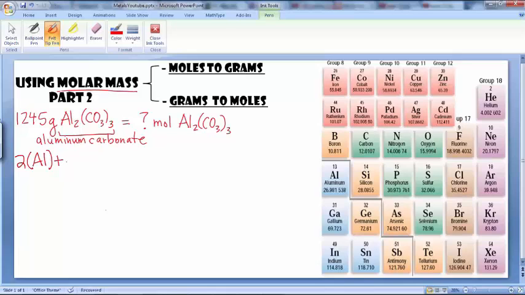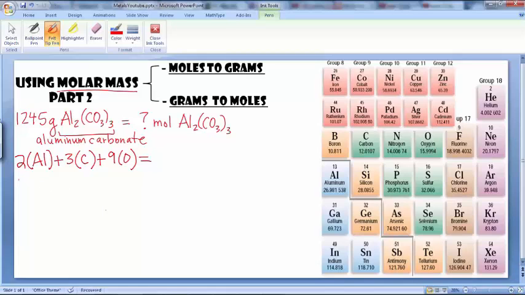Outside we have a multiple of 3, so that would be 3 carbon atoms. And inside parentheses 3 oxygen atoms. Outside we have a multiple of 3, so 3 times 3 is 9, a total of 9 oxygen atoms.